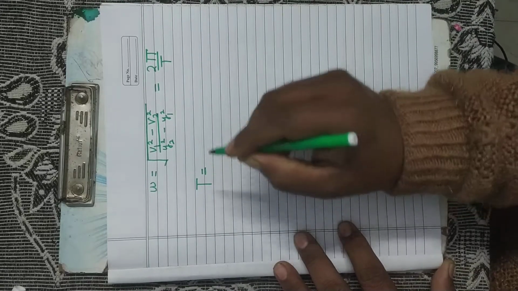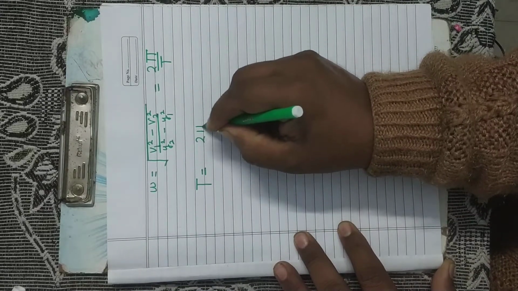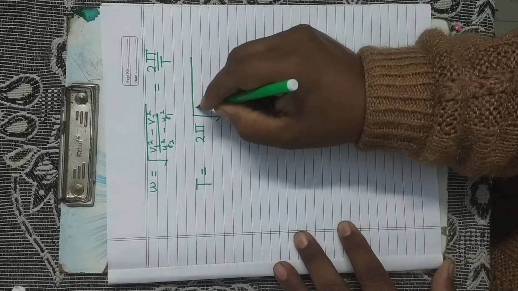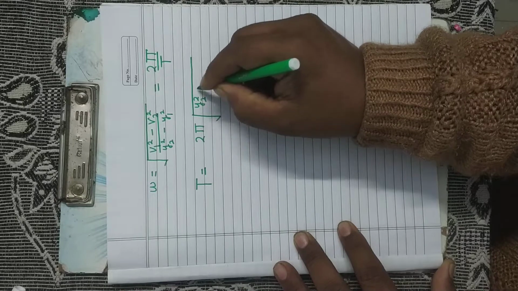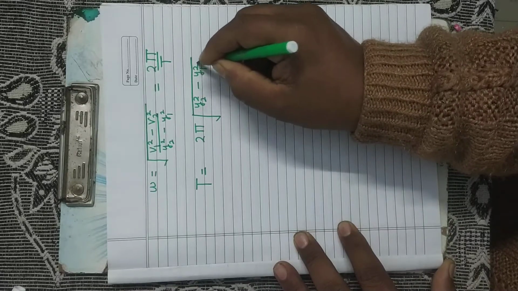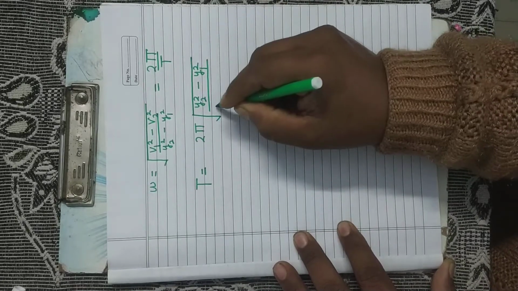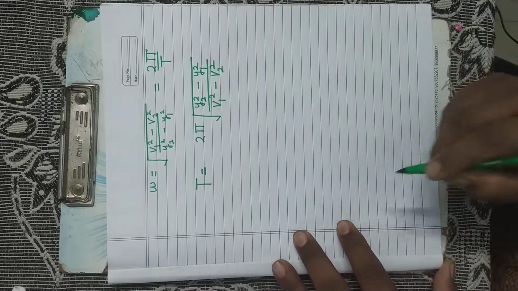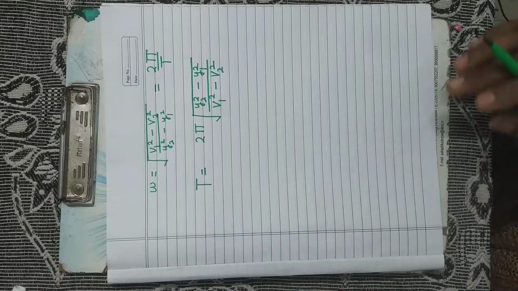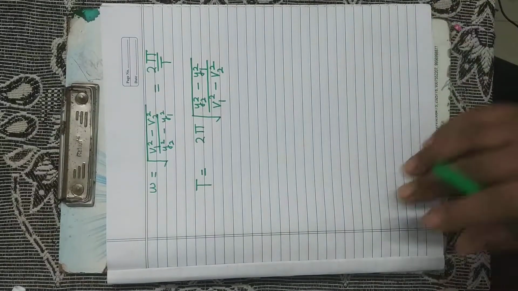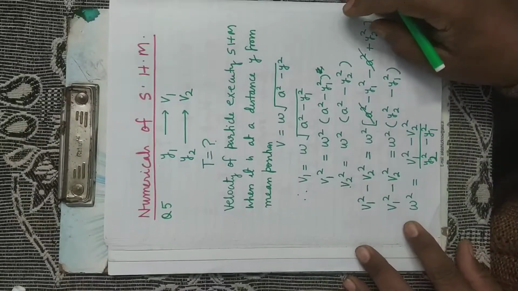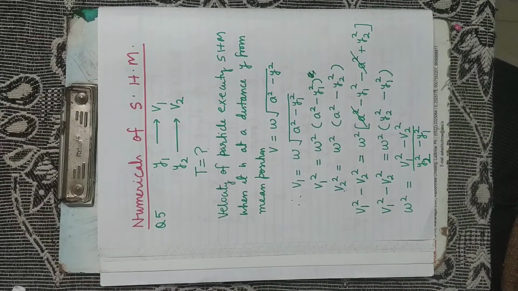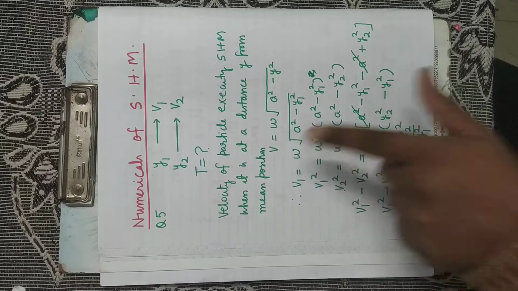T will be equal to 2 pi within square root y2 square minus y1 square upon v1 square minus v2 square. So this way you can determine the time period by using this formula.